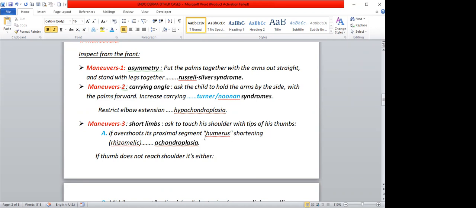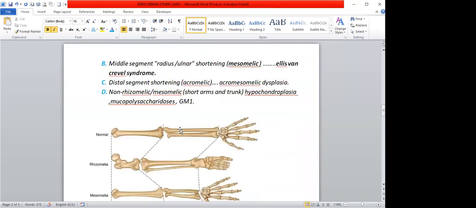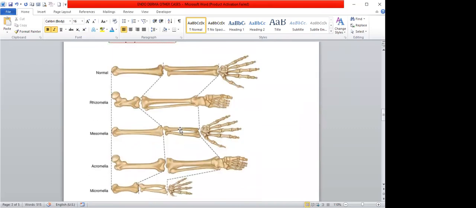A few syndromes have very characteristic shortening in different parts, not only achondroplasia. Here is the importance of clinicals. I will show you a picture, please have a look at this one.